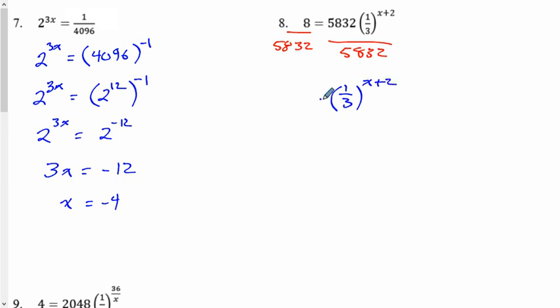On the left side, I want to see if I took 5,832 and divided it by 8, what would I get? So I'm taking this divided by 8, and then I'm going to do my numerator also divided by 8. And it turns out 8 divided by 8 is 1. 5,832 divided by 8 is 729.